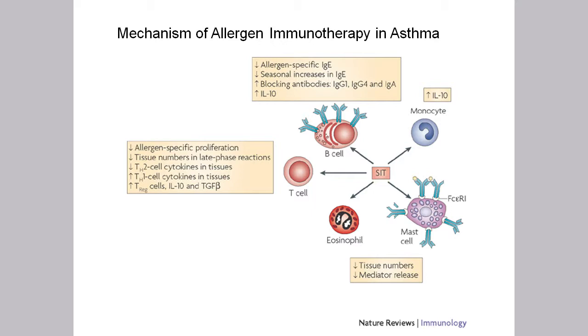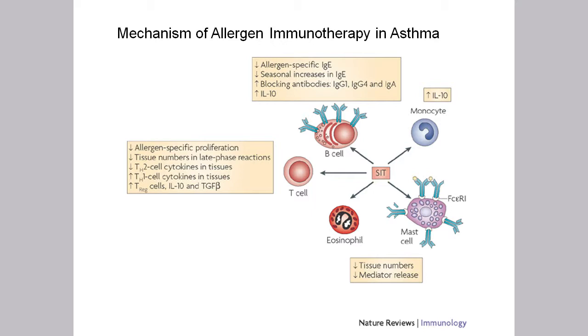As you go towards the right, you will see that IL-10 is also increased in monocytes. And if you go to the bottom of the slide, you see that the tissue numbers and the mediator release of the acute cells of asthma, eosinophils and mast cells, go down. But we also have a significant impact on the T cells, where these allergen-specific T cells and the various substances they make come down with the generation of these cells.